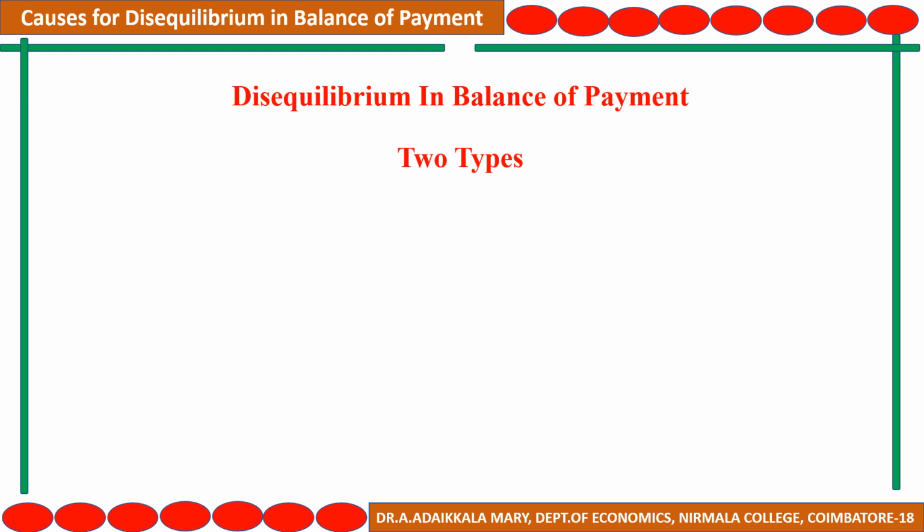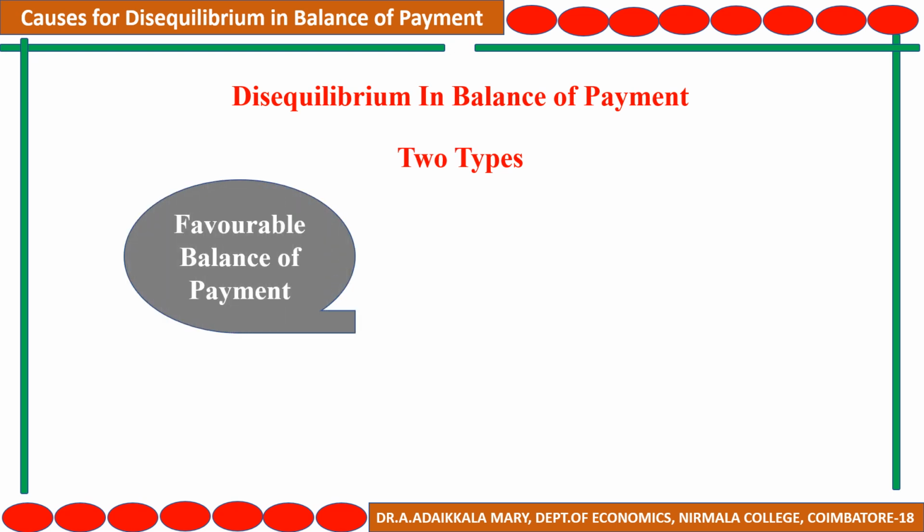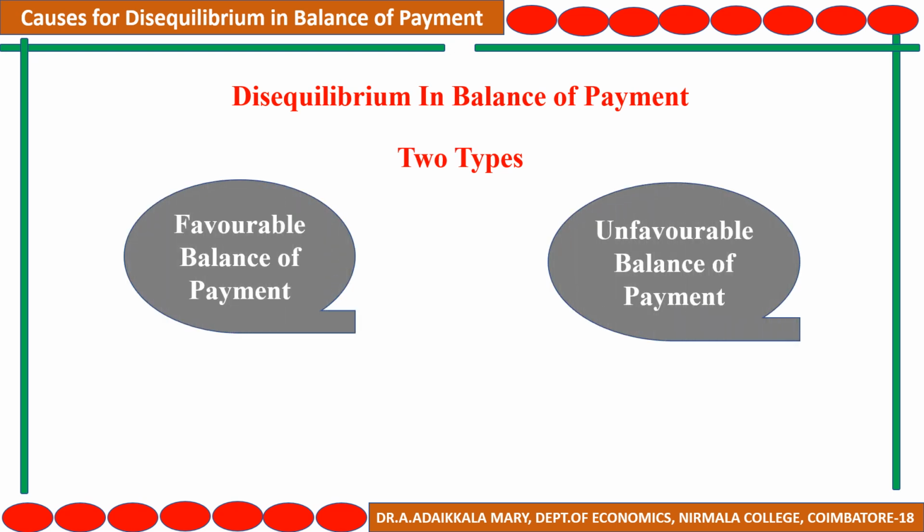First one, favorable balance of payment, and second one is unfavorable balance of payment. Favorable balance of payment: when the value of exports of an economy is greater than the value of imports, it is called a favorable balance of payment or surplus balance of payment.